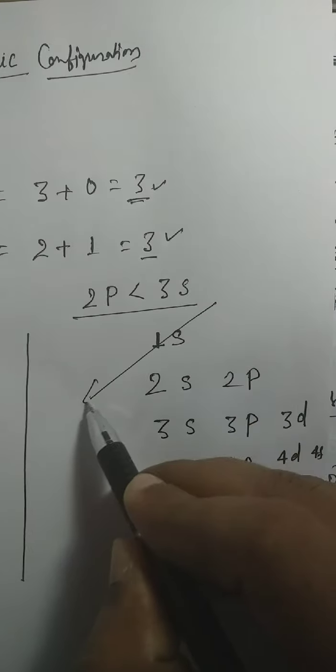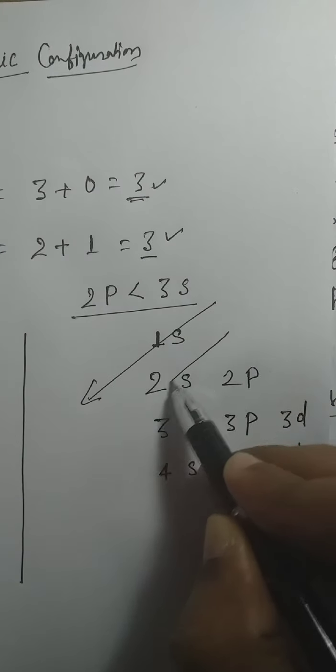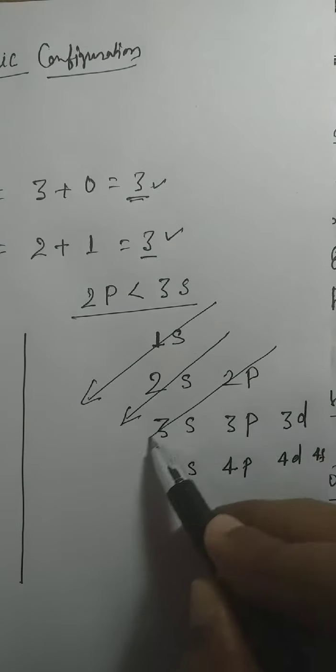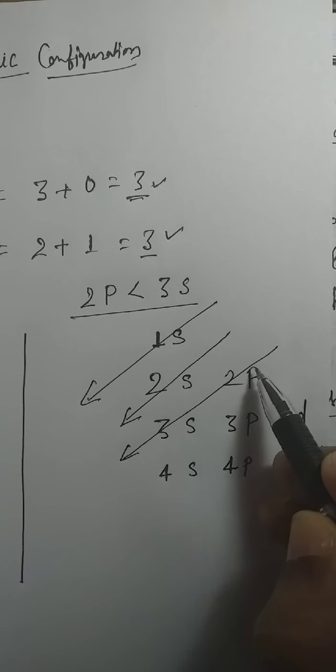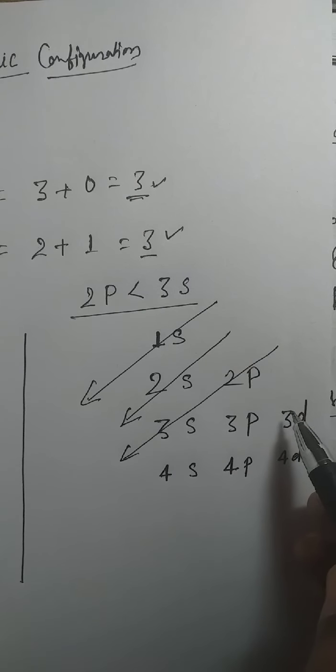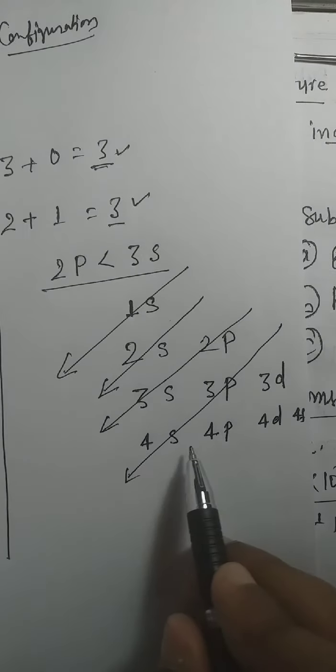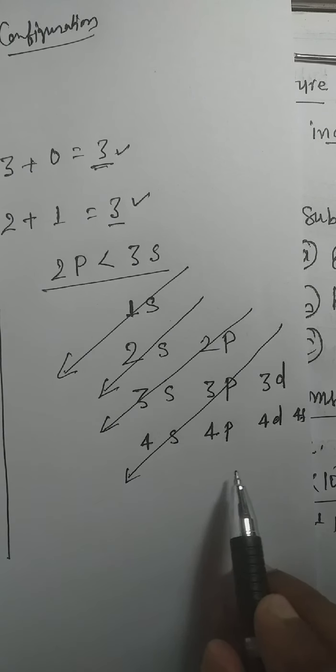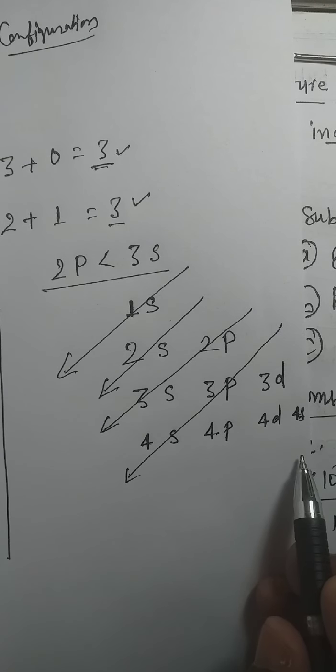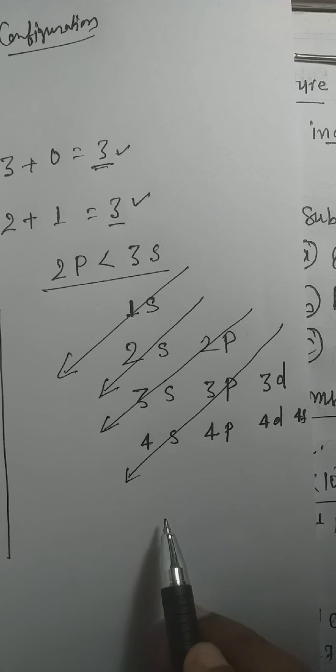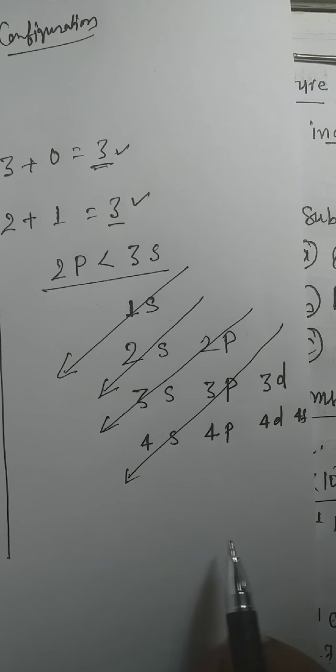The order is 1s, then 2s and 2p, then 3s, 3p and 4s, then 4s, 5s, 5p, 5d, 5f, and then 6s, 6p, 6d, 7s, and 7p.